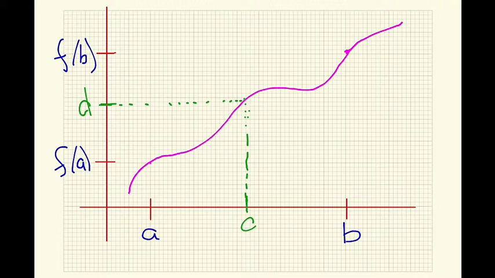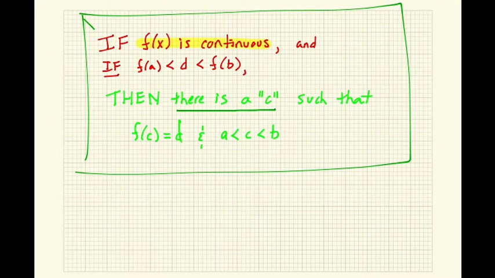So the key here is that we start with D, that's between f of A and f of B, and then it goes over to the function, down to the x-axis, and then what we're able to say is, aha, there is a point down here called C that exists, and that point is between A and B. Now if you go back and look at the definition, that's what the definition is saying.